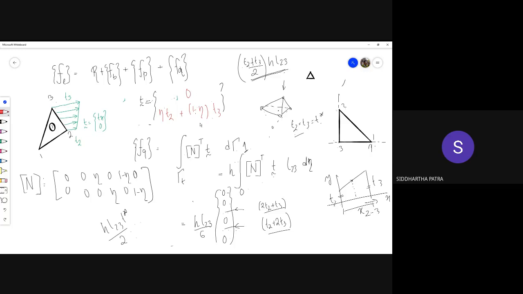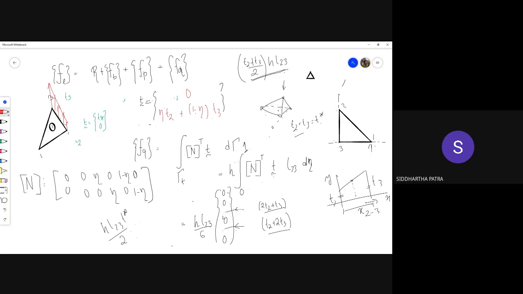If there is no traction in x direction but only traction in y direction, graphically this is how it would be. What would be the expression for the force vector? What change would happen?